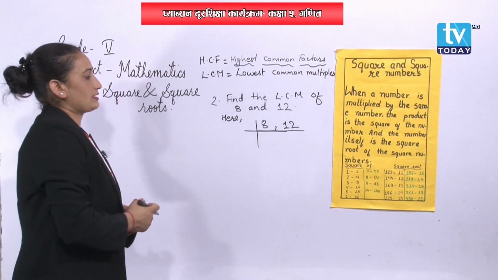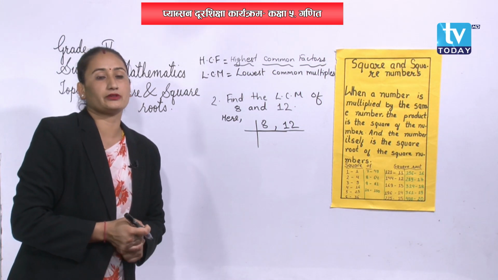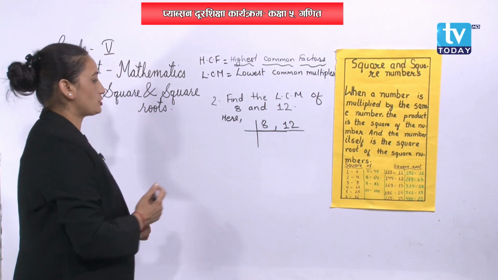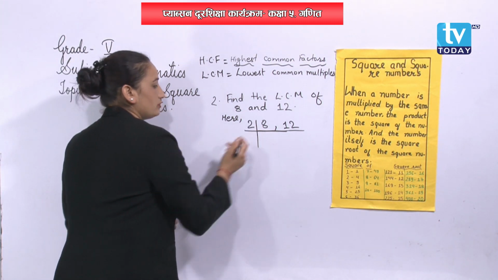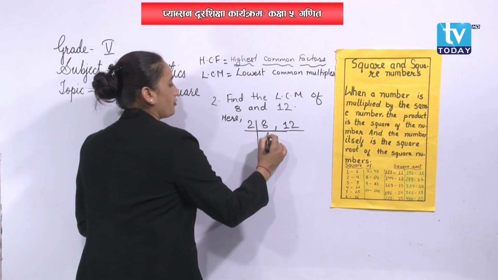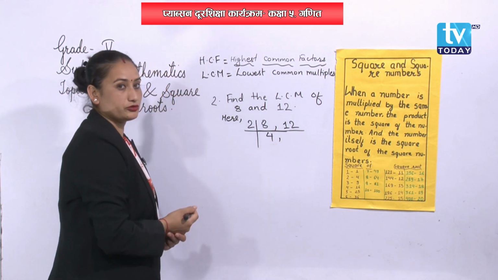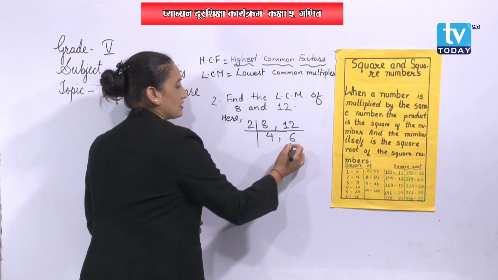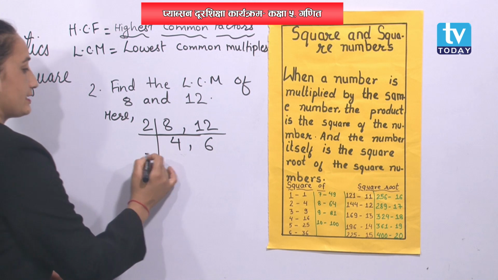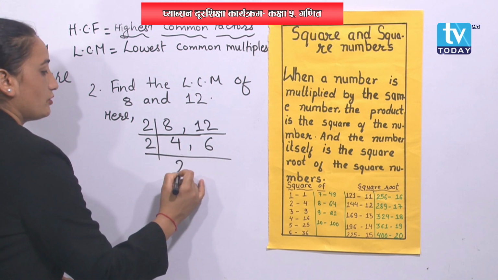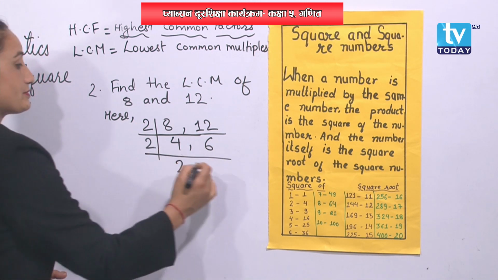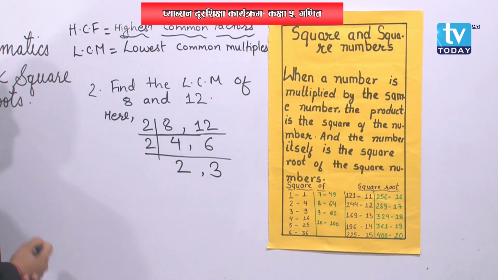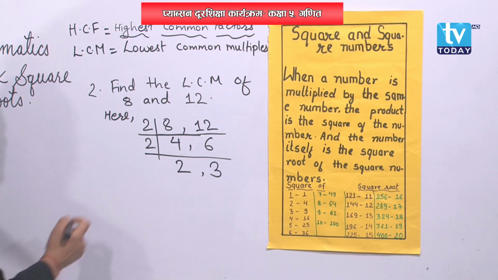Okay, now students, once again, let's divide with the smallest number, that is 2. 2 times 4 is 8. Now 2 times 6 is 12. Once again, 2 times 2 is 4 and 2 times 3 is 6. Now students, you have to find out the LCM.